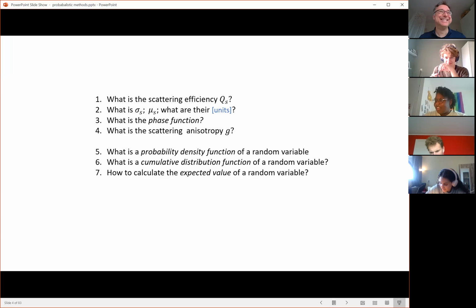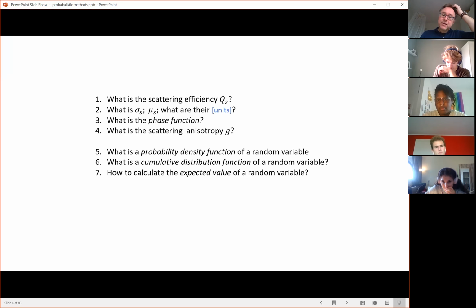The probability that a random variable takes a value less or equal to a certain value. Yeah, exactly. So the probability density function basically describes the probability in a very small interval around some value, and the cumulative distribution is then the probability up to that value, as you say. So from some lower boundary up to that value.